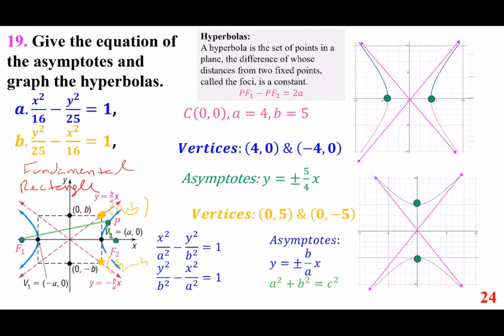A, comma negative B. How about this one? Minus A, B. And in this case, minus A, minus B. Again, if you locate those 4, you draw a rectangle, and then diagonals are the asymptotes. That's why it's called the fundamental rectangle.